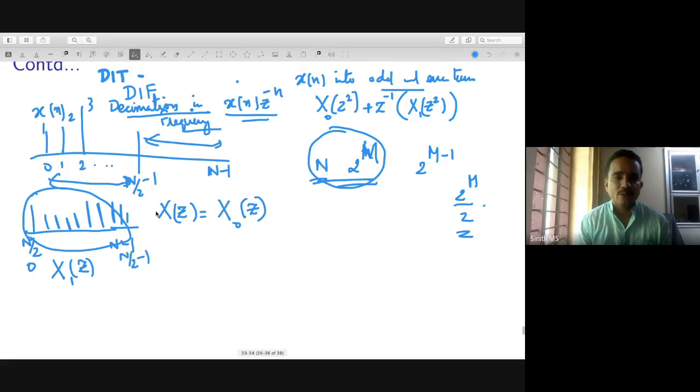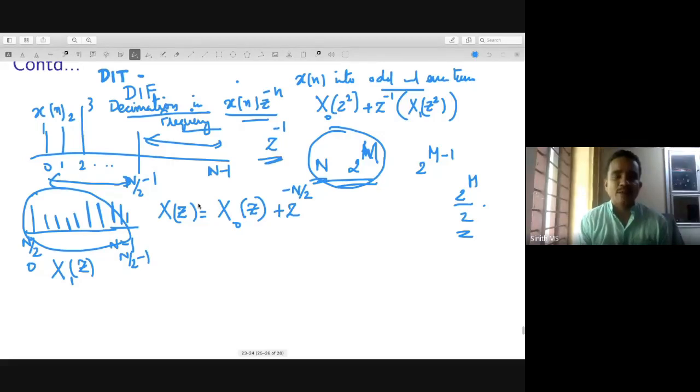To represent the whole signal X(z), you have to represent this as X0 plus z raised to minus N by 2 times X1. If you want to shift it to the right by N by 2, you need z raised to minus N by 2. If you have z raised to minus 1, the signal will shift by a factor of 1.